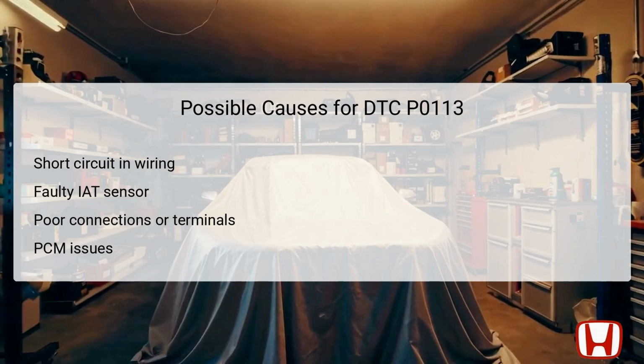Additionally, poor connections or loose terminals at the MAF sensor or the powertrain control module (PCM) can contribute to intermittent high voltage signals, leading to temporary faults. It's also worth considering the PCM's condition, as electronic malfunction in this unit can misinterpret sensor data, leading to erroneous high voltage readings. Each of these areas must be examined thoroughly to pinpoint the root cause of the problem.